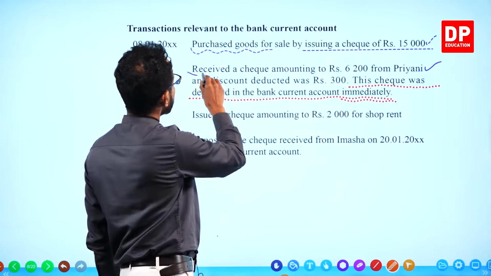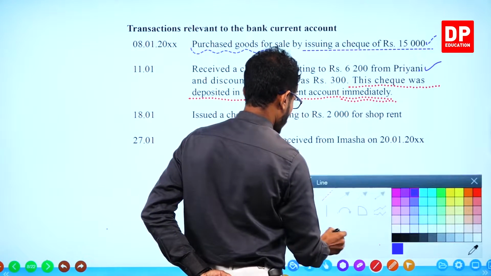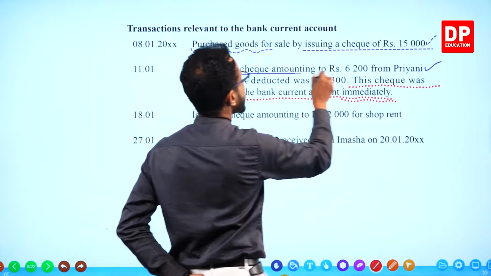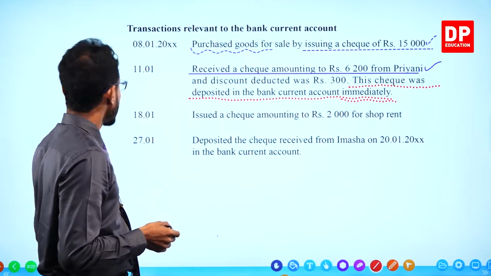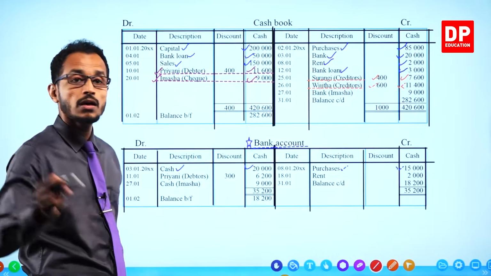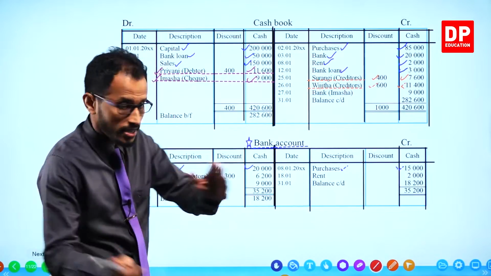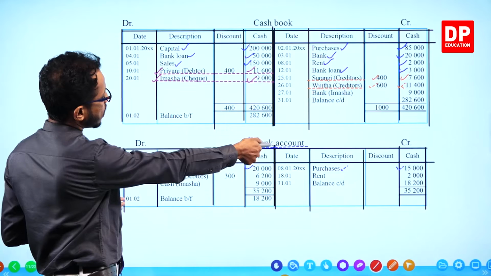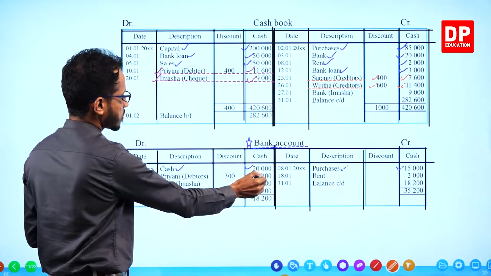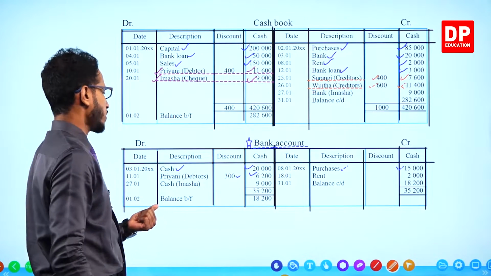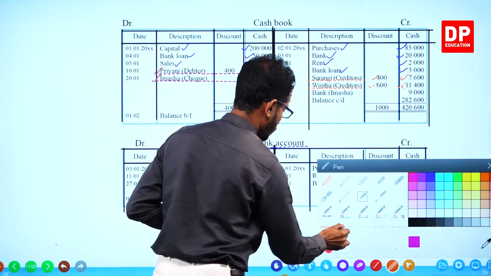Receiving means we are getting money from Priyani. Cash book should be debited? No, not money. We got a check, and the check was directly sent to the bank. Then the bank book should be debited. It's here, 6,200 and discount 300. Description: Priyani.